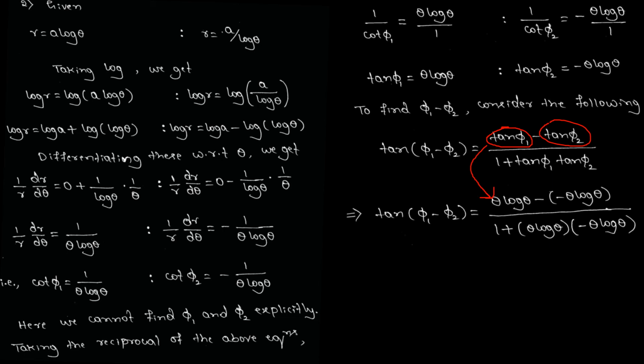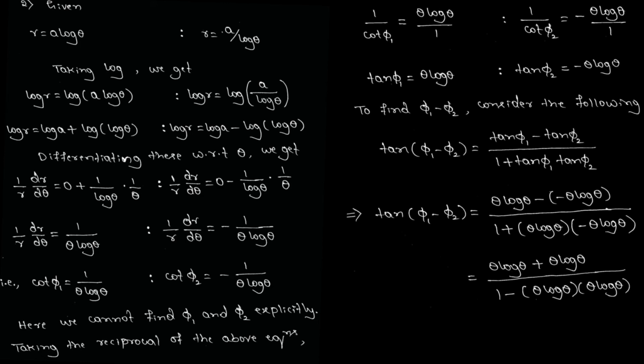What was tan phi 1? Tan phi 1 is this and tan phi 2 value is this. So we have substituted here. Now minus into minus gives plus, and minus into plus becomes minus.